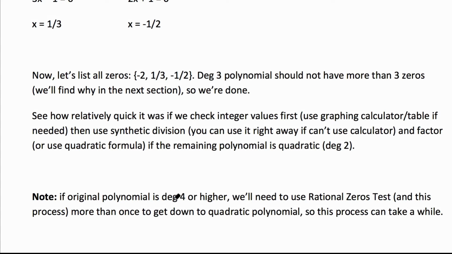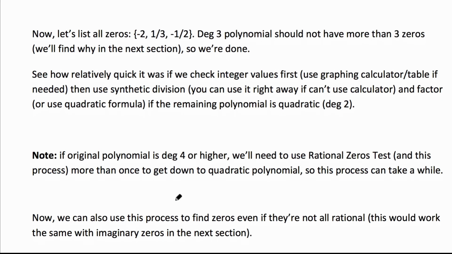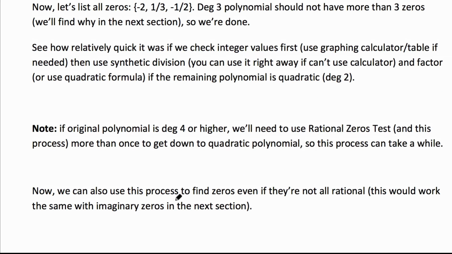If this original polynomial is degree 4 or higher, then we may need to use the rational zeros test twice to get it down to degree 3. Then we use it one more time to get it down to degree 2. So you'll notice this method is not fast by any means. You can use a graphing calculator, but even with a graphing calculator, sometimes it's hard to approximate the zeros, especially if they're complicated fractions.